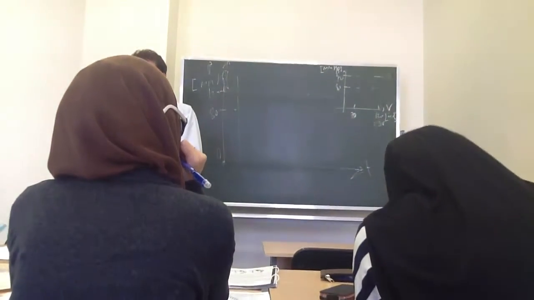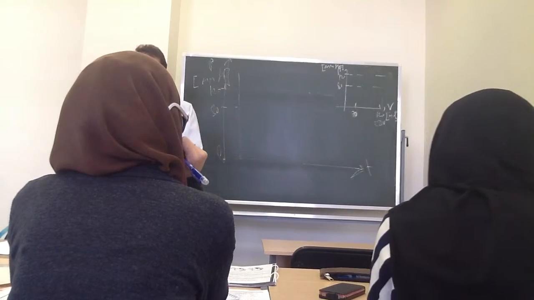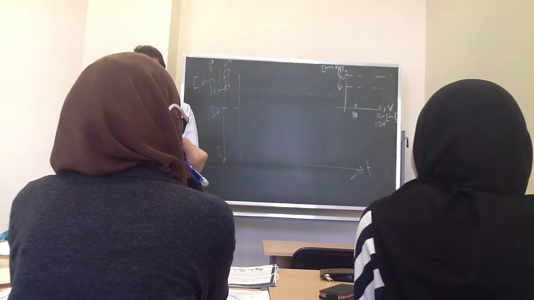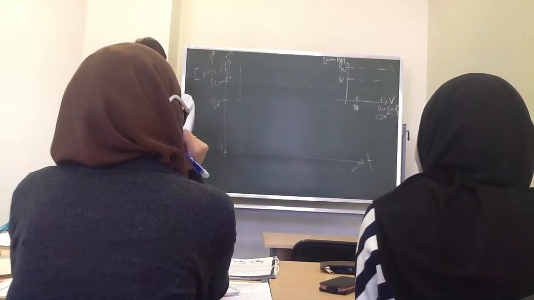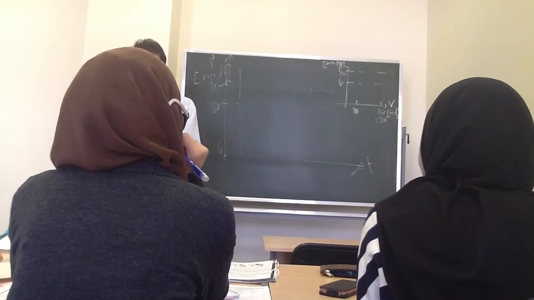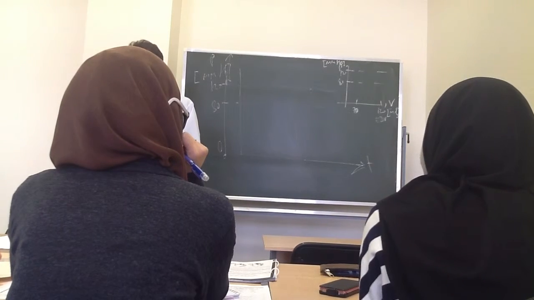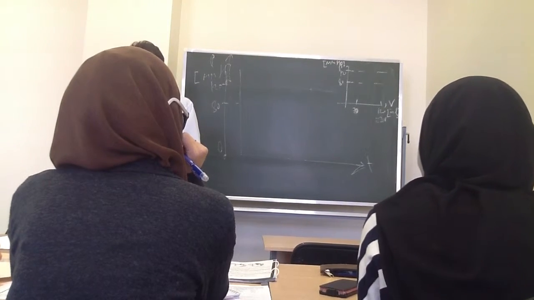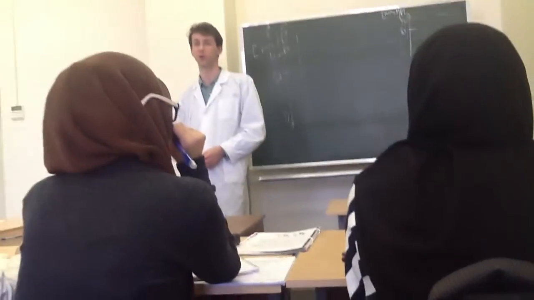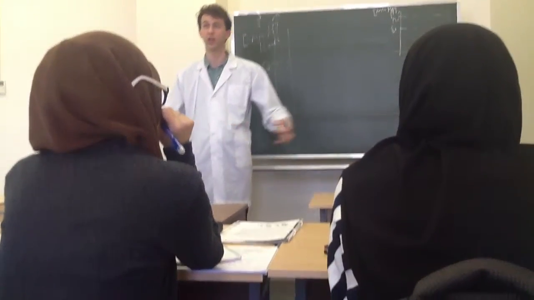To have 70 millimeters of mercury, we should constrict the muscle. The heart should be contracted to have 70 millimeters. So what's the pressure at the end of diastole in the muscle? 0 millimeters of mercury. There is no pressure at all because they are relaxed.